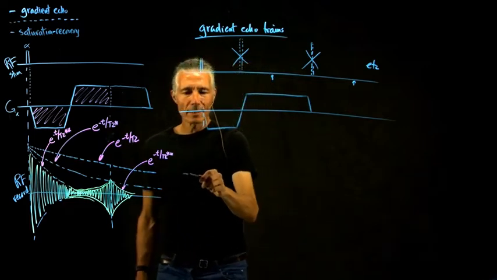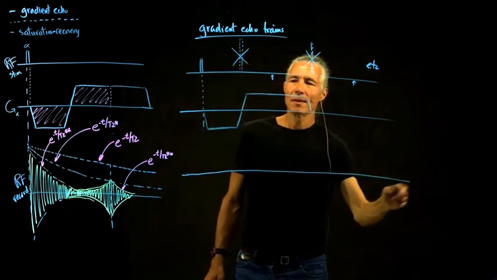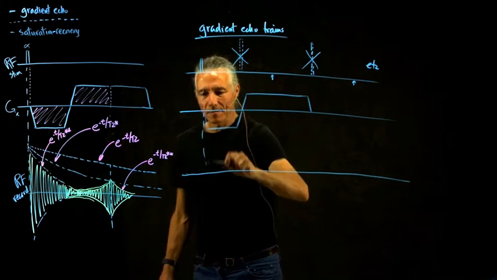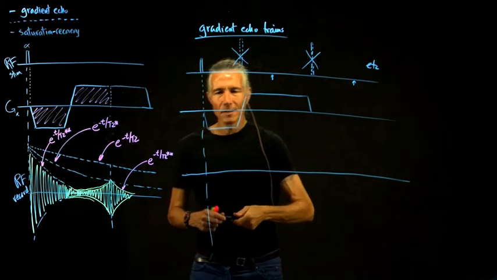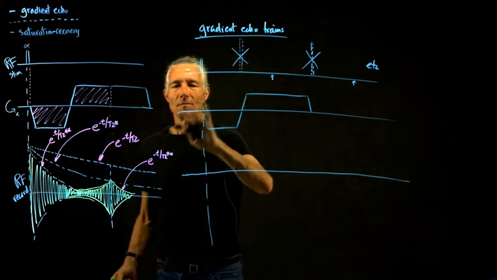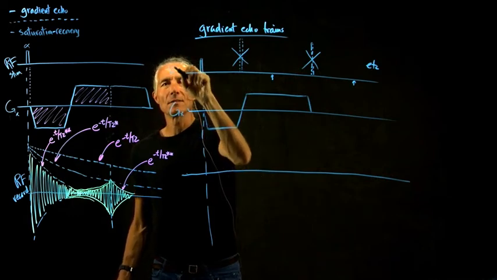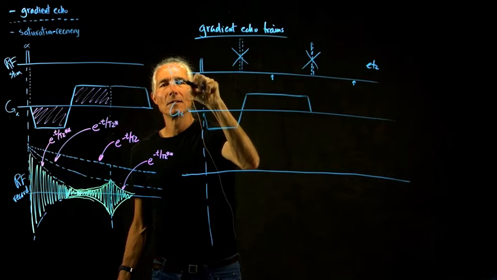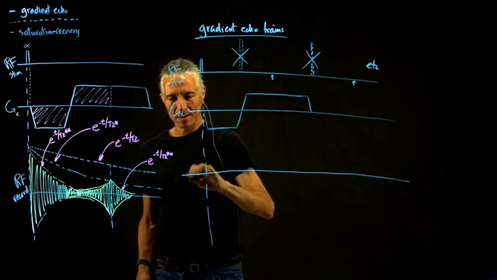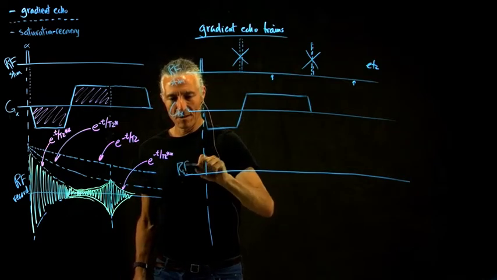If we look at the signal down here, this is the gradient, Gx, there's the RF stim, and this is RF record.